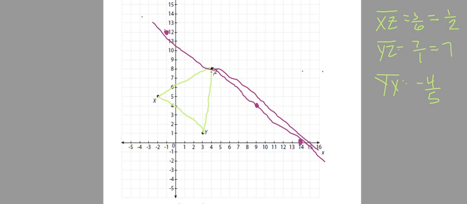So XZ had a slope of 1/2. So now I'm going to draw a line going through Y that has a slope of 1/2. Up 1 over 2, up 1 over 2, up 1 over 2. By magic, they have intersected, up 1 over 2. So going in that direction, I have a line and they intersected right there.